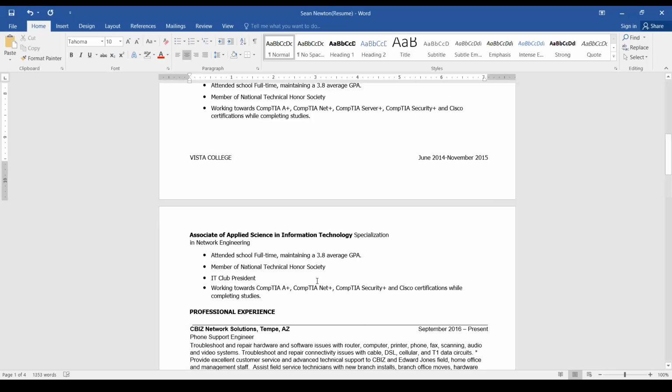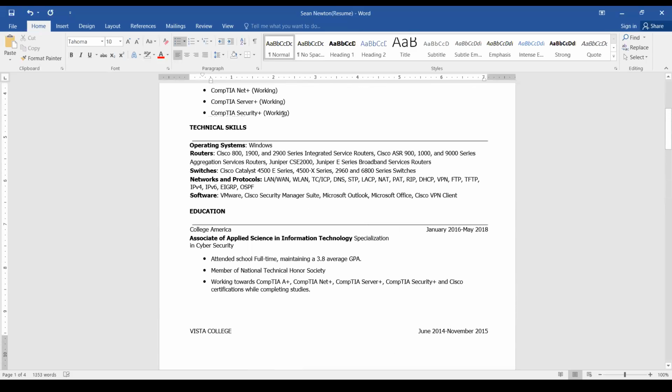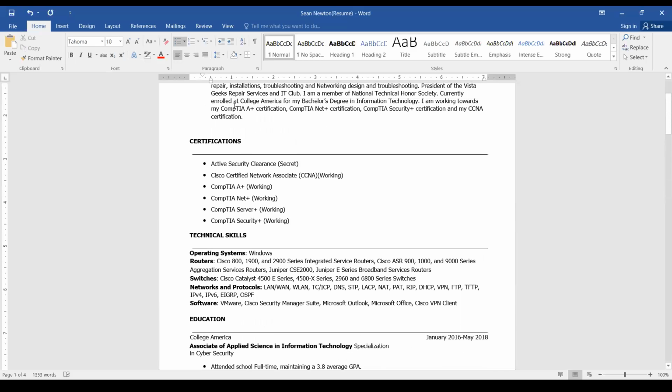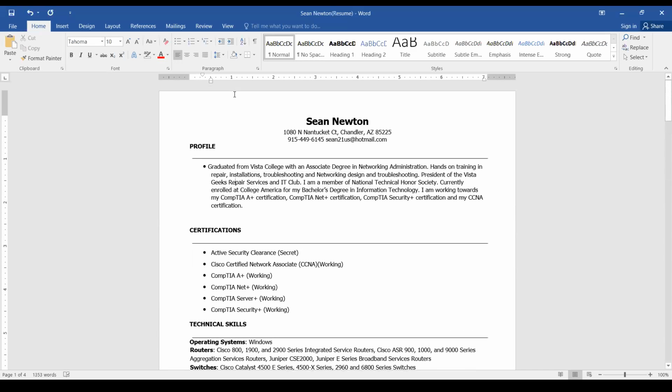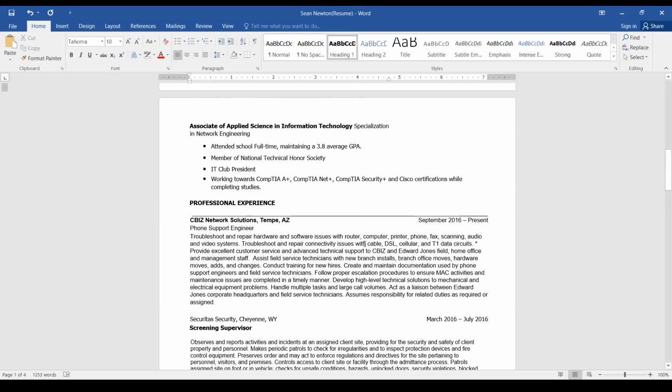Professional experience, here's where we have our first change in font. We've gone from Tahoma, and up here someplace I thought we had Arial. I could be wrong. Okay, I'm wrong.